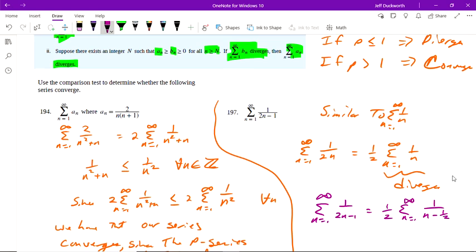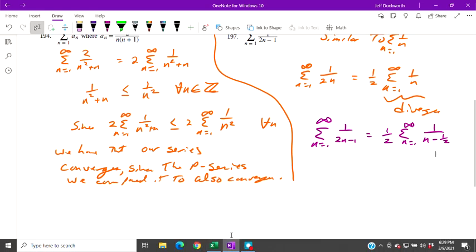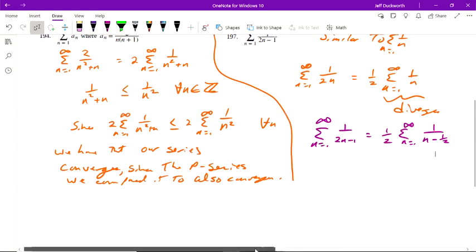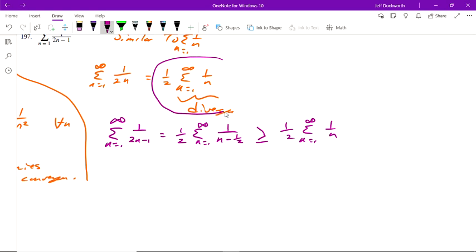So let me scroll down. This is always greater than or equal to our 1/2 times the sum from n equals 1 to infinity of 1 over n, this guy. So we're always greater than that.